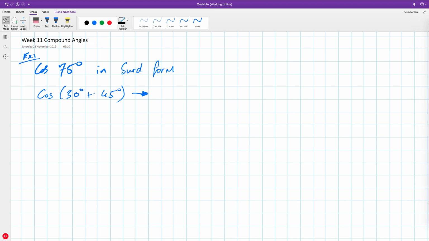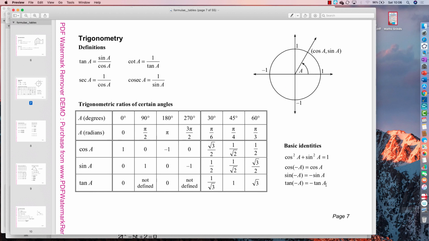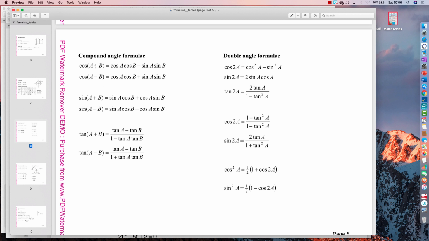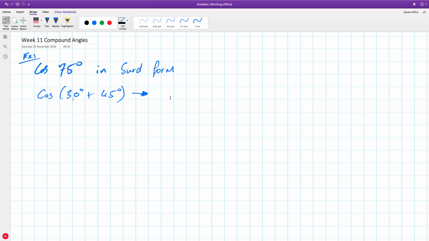That is a compound angle because we're adding A plus B. So we must use the cos A cos B minus sin A sin B formula. So it's a compound formula.